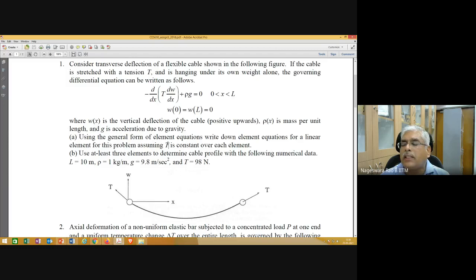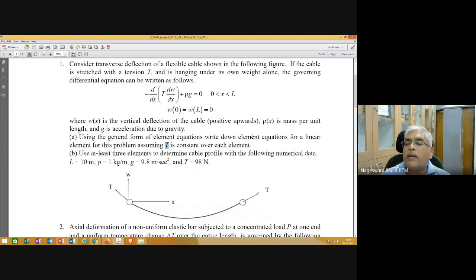T here is tension, which is taking the position of K. Okay, K is constant. That is what, whatever element equations that we derived, they are for element K assuming K is equal to constant. So we can directly use that because T here is also constant.